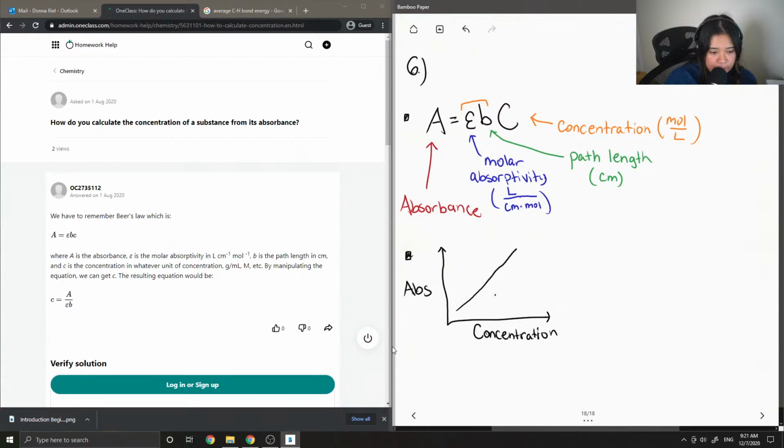So the line can be expressed as A is equal to X times C.